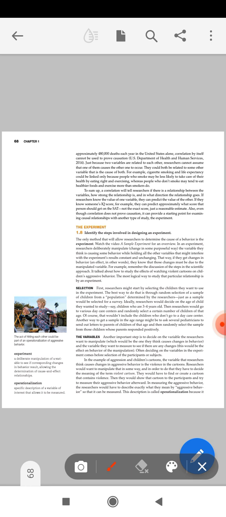Suppose in this experiment we have seen an example, and in this example we have set a timing, our participants are there, and there is so much voice or noise, you can say, in that room where you are conducting your experiment, that may affect your results.